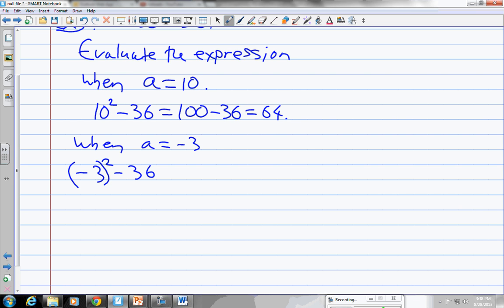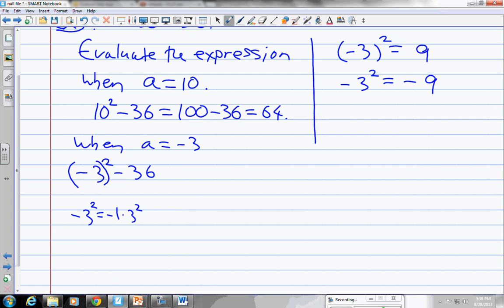Because when I see a negative 3 squared, this is the same thing as negative 1 times 3 squared. That's what that notation means. And now the order of operations tells me, well, do the exponent, so that's 3 squared, that's 9, but then there's that negative 1, so that's negative. So there's a big difference between (negative 3) squared, that's 9, but negative 3 squared, that's negative.